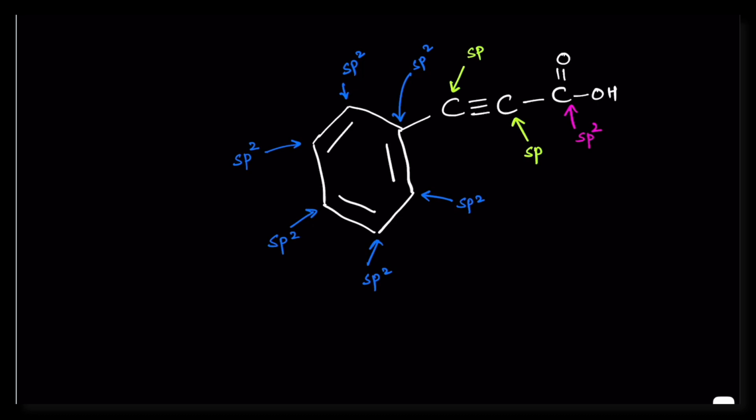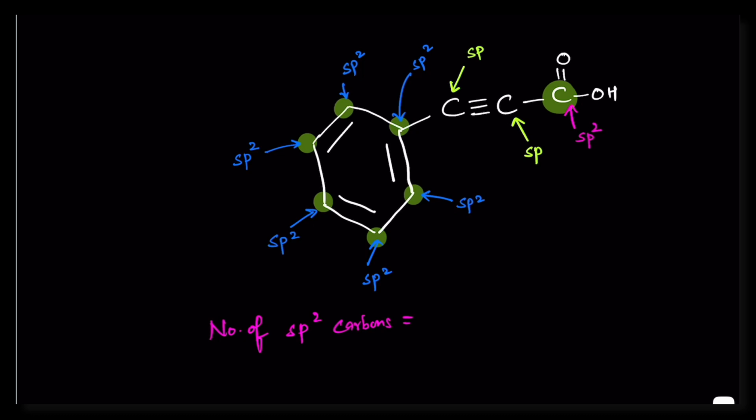Now if I ask you, what is the number of sp2 carbons here? Can you not just count and tell me that there are 1, 2, 3, 4, 5, 6, 7 sp2 carbon atoms?